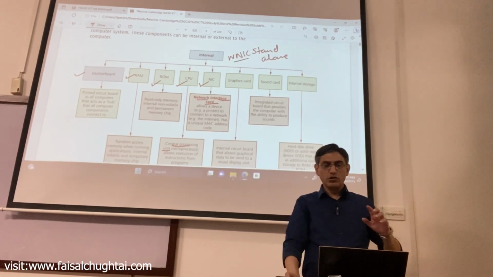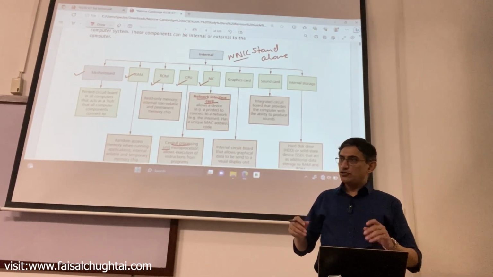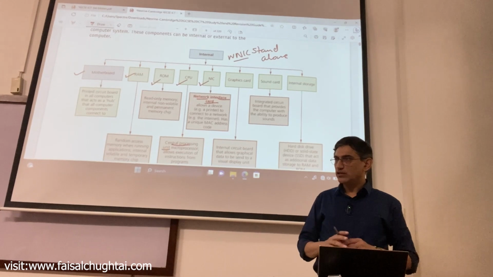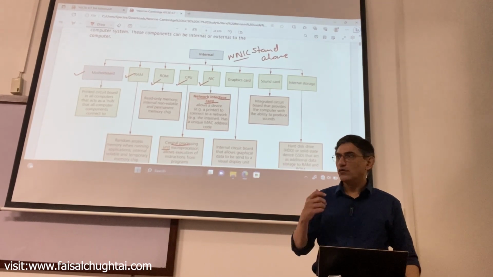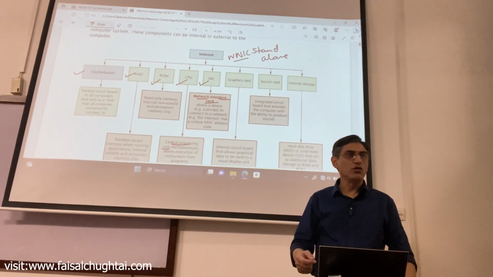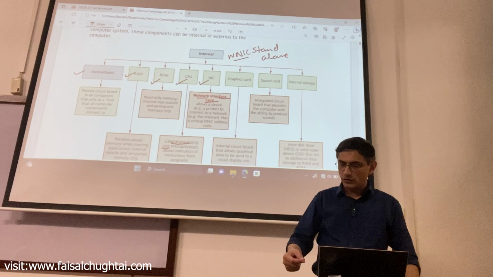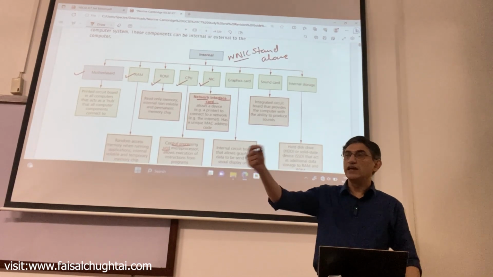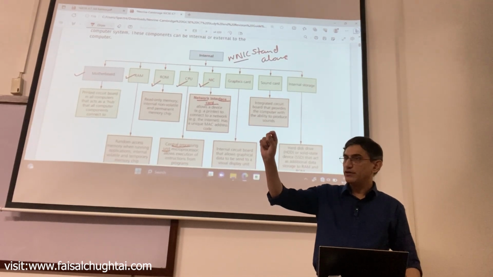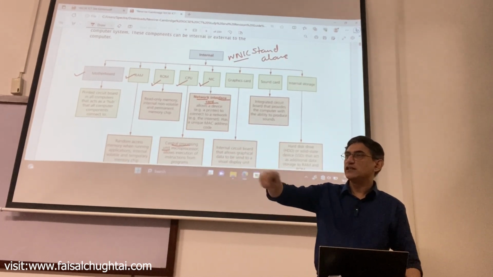Now, what do I mean by this? In order to connect your computer to a network, you have to plug in a wire, which is the network wire. Unless you plug that wire into your computer and then the other end to a component in the network, your computer cannot be physically connected.